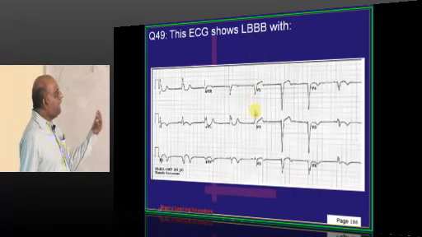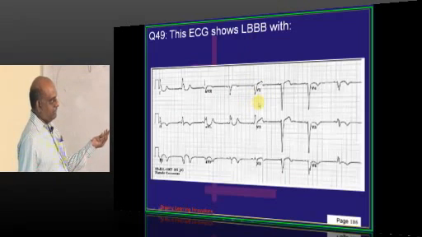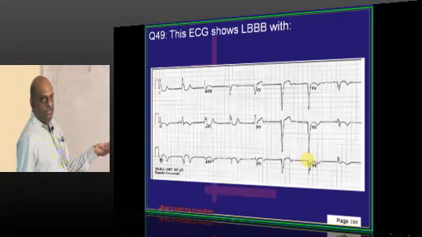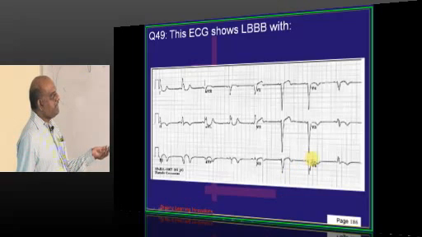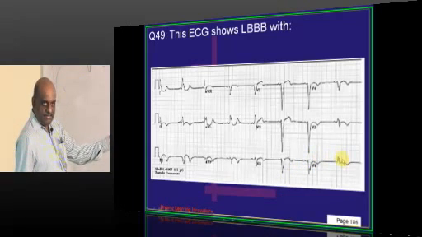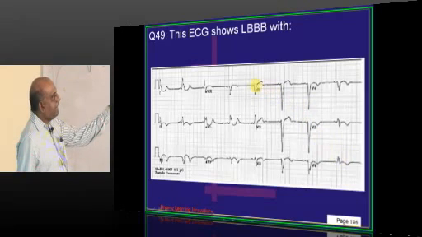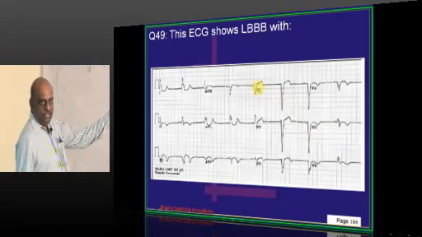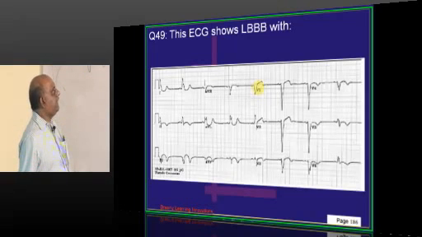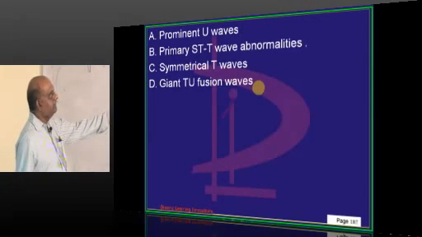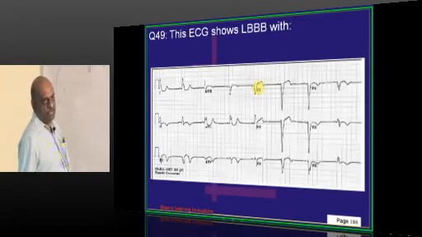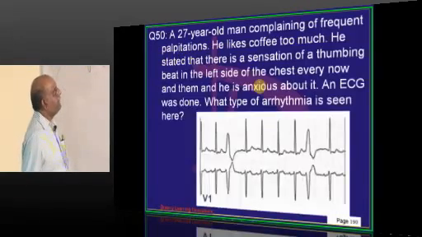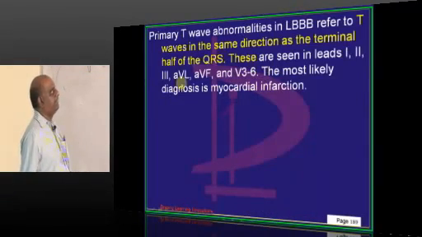Then the ECG shows LBBB. Why LBBB? William. Right? So RSR pattern is seen in V6 and W pattern is seen in V1, V2. Along with that, what else is it showing? It is showing primary ST wave abnormalities. So what is the meaning of primary ST wave abnormalities?